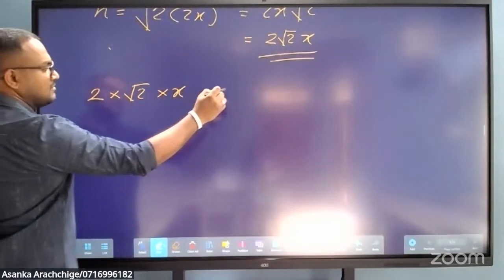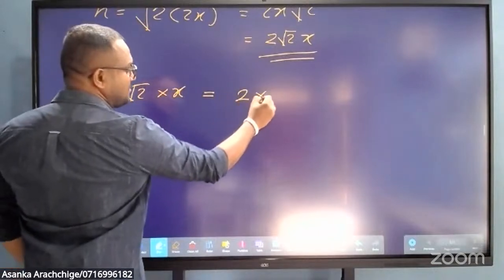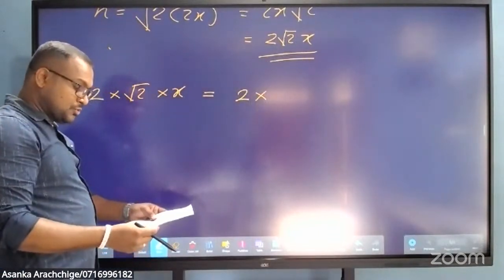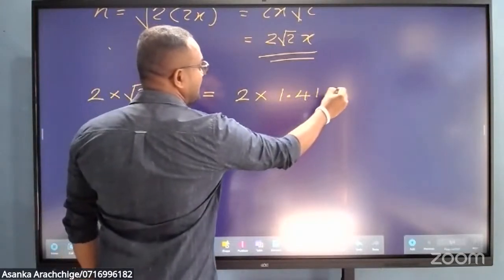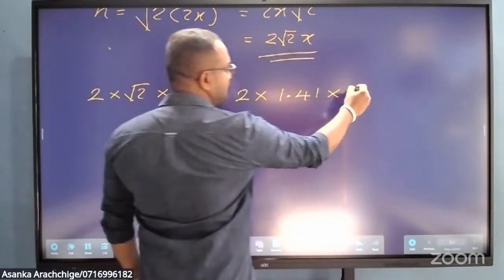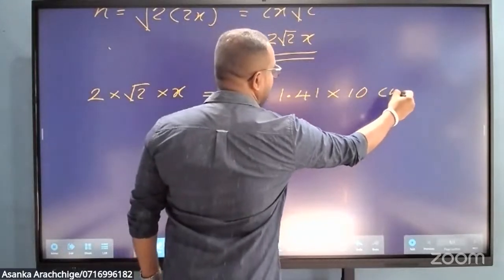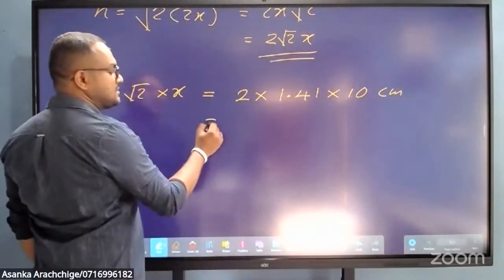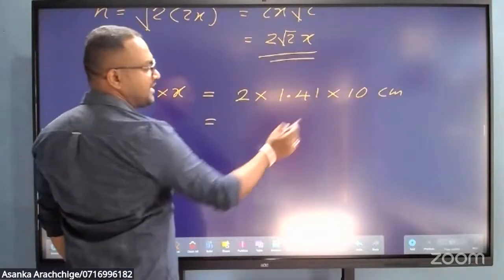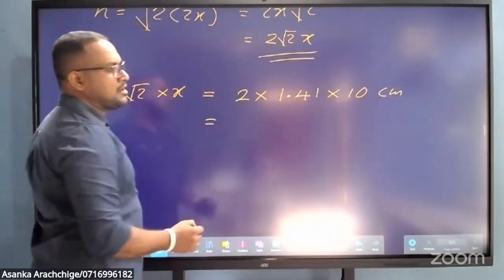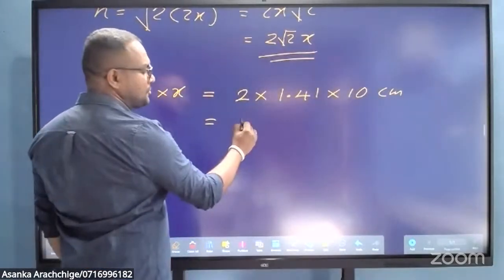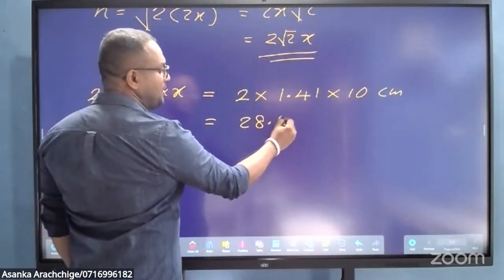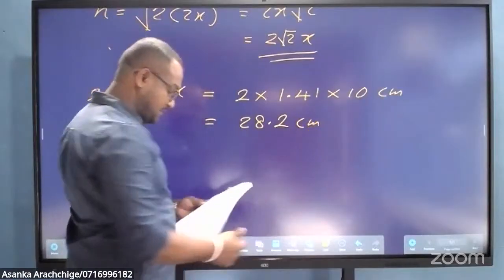This is equal to 2 times square root of 2, which is given to be 1.41. Then x is found to be 10 centimeters to the nearest centimeter. Then 10 times 1.41 is 14.1, times 2 is 28.2 centimeters.